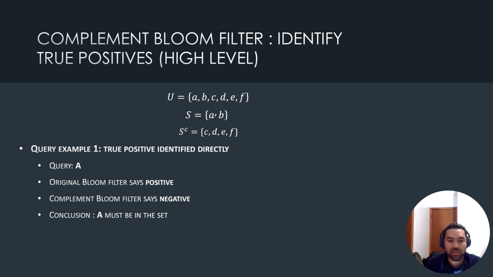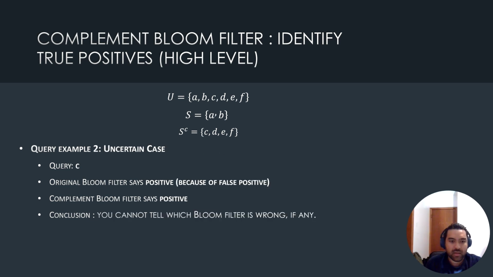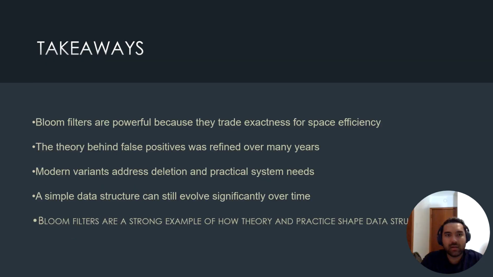The conclusion we derive is that A is definitely in the set. In the next example, if you want to query C, the original Bloom filter returns positive because of a false positive, and the complement Bloom filter says positive. The conclusion is that you cannot tell which Bloom filter is wrong, if any. So the uncertainty still remains.